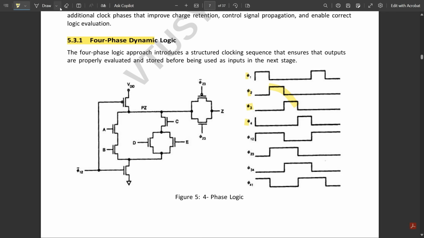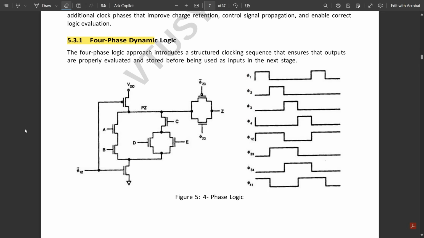Then for phi 3 4, the same thing, between phi 3 and phi 4 it is logic high only. Then for phi 4 1, between these two stages the output would be 1. So this is the sequential flow, and this is called four phase dynamic logic.